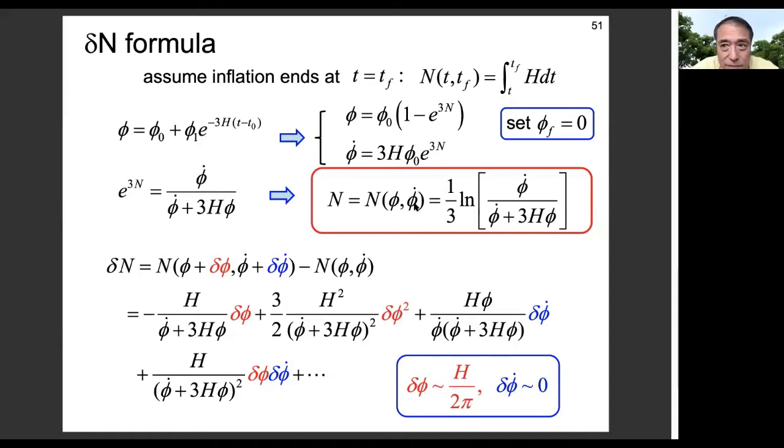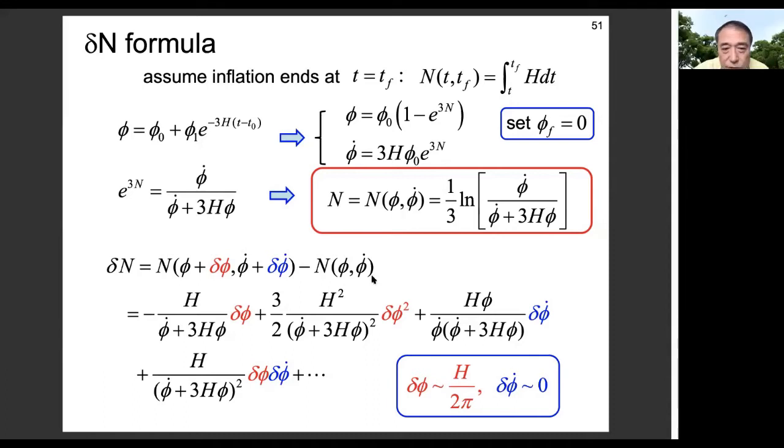Also, I'm wondering one thing: when we compute the non-Gaussianity parameter in the delta n formalism, that means we can only calculate the nonlinear evolution outside of the horizon. Yeah, that's right. So if the 3-point correlation function has some non-trivial properties inside the horizon, how can we deal with this?